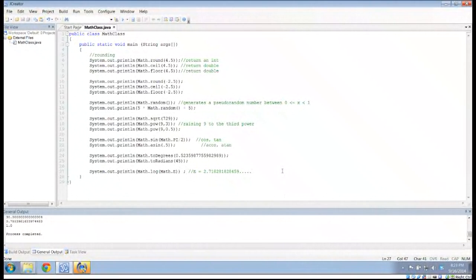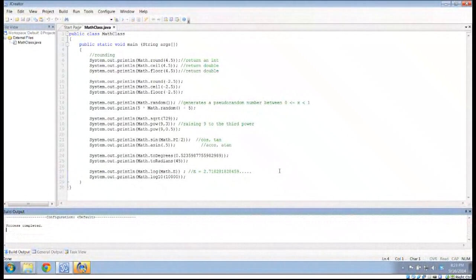And so the natural log of E is 1. If I want to do the common log, or the log base 10, I need to do math.log10. And inside the parentheses, let's put 10,000. So because I have 4 zeros, this should be 10 to the 4th.